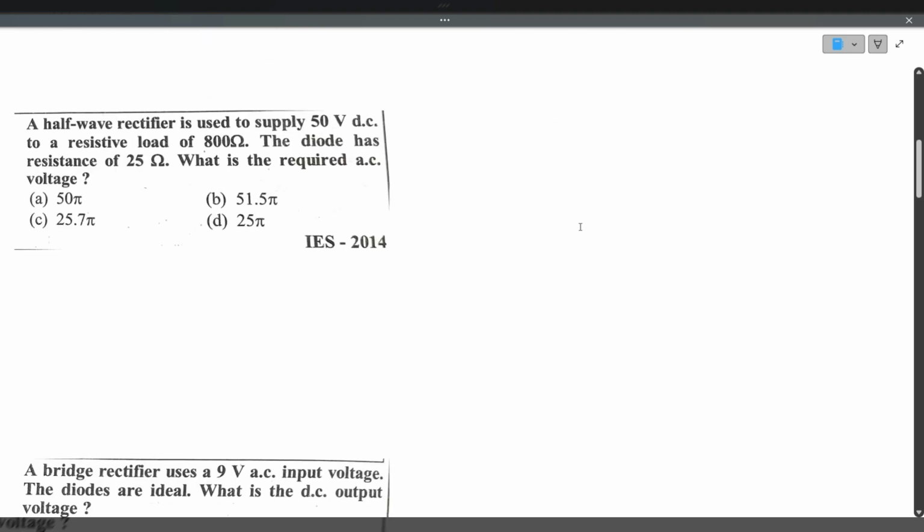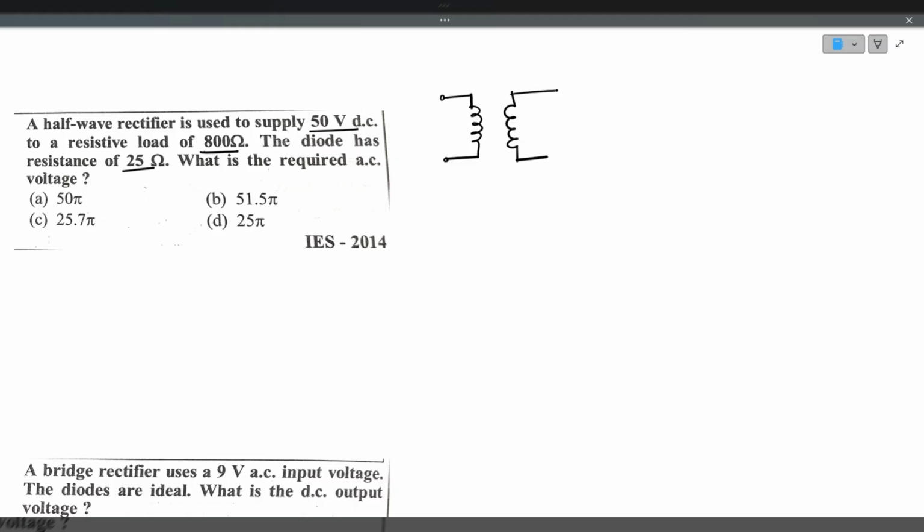We'll see the next question. A half-wave rectifier is used to supply 50 volt DC to a resistive load of 800 ohms. The diode has a resistance of 25 ohms. What is the required AC voltage? So this is basically a half-wave rectifier. This is the primary winding and this is the secondary winding.